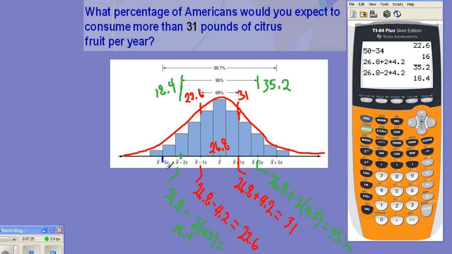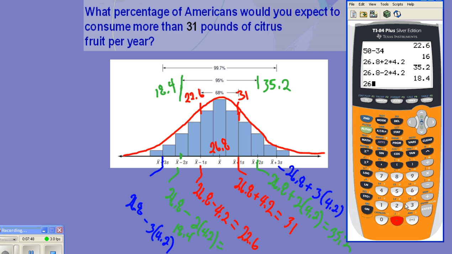When I do the 99.7 percent, I come down here and I'm going to say 26.8 minus 3 times 4.2, and I'm going to take 26.8 plus 3 times the standard deviation because I'm taking 3 standard deviations.